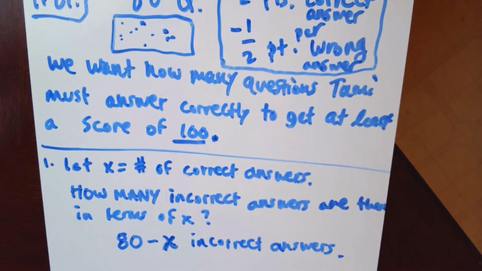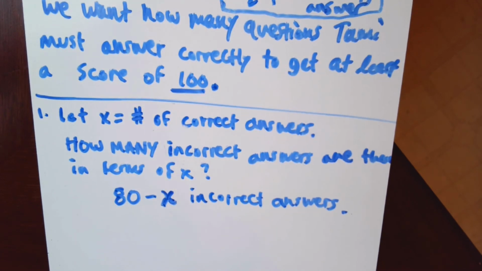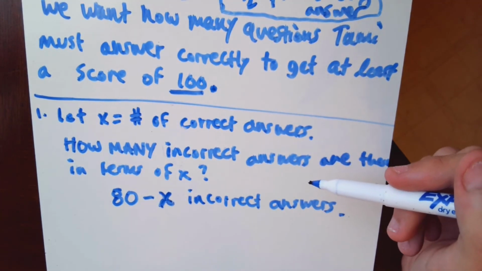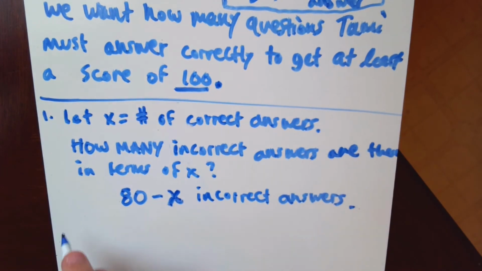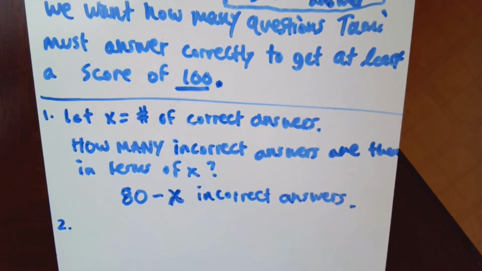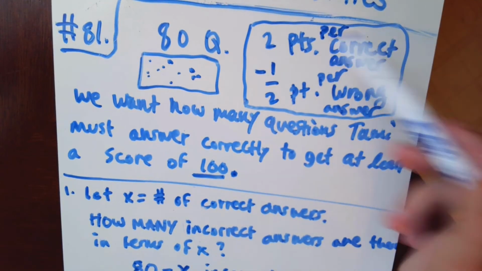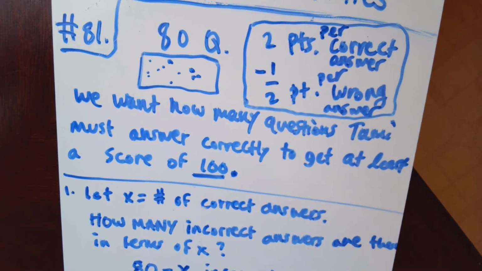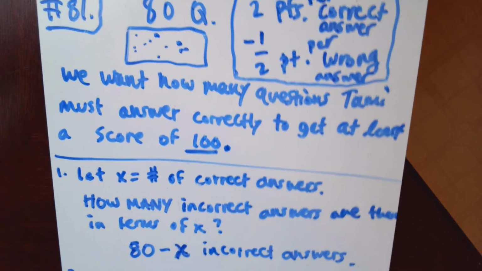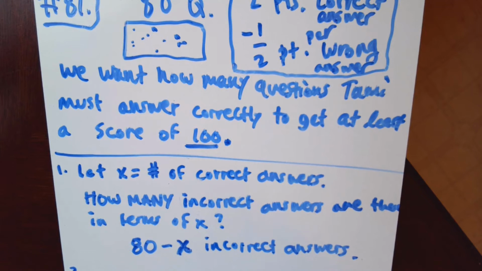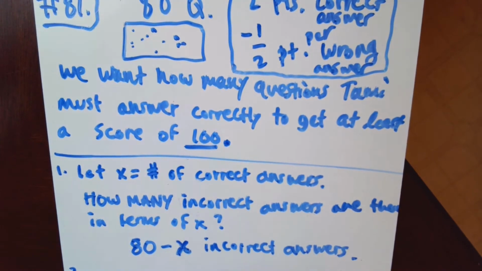Awesome. So now we're going to set up an inequality with the information given. That's step 2. There are 2 points per correct answer, and a half of a point gets deducted per wrong answer. So we want a way of counting up our points.